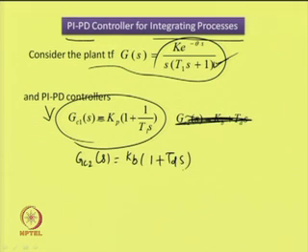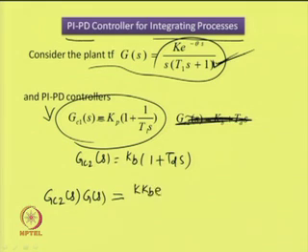So, with this choice of the controllers GC1(s) and GC2(s) and the assumed form of the process dynamics, as far as the inner loop gain is concerned, the loop gain can be written as GC2(s) G(s), which is equal to K Kb e to the power minus theta s upon s, when TD is equal to T1.